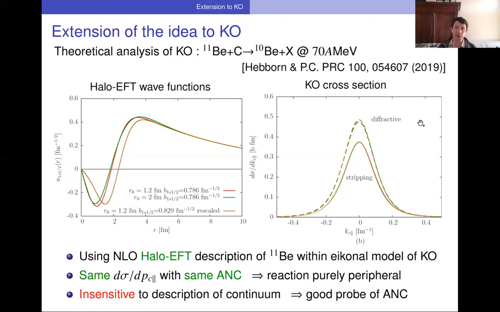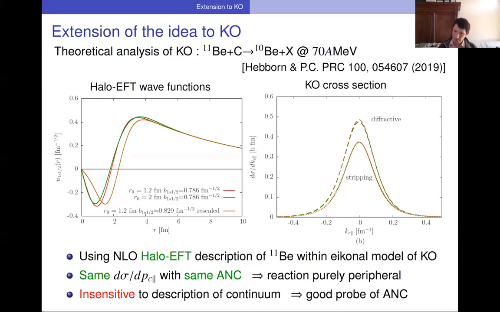Now, one of the nice results that Chloe has obtained in her analysis is that these calculations seem to be very little dependent on how you describe the continuum of the nucleus, so the interaction between the beryllium-10 and the neutron in the continuum, especially the P wave phase shift.